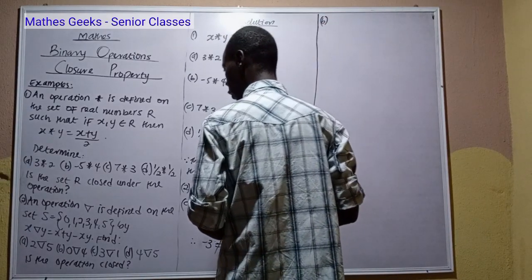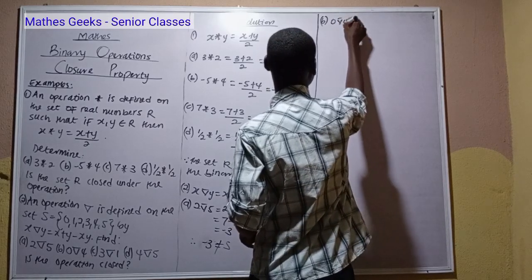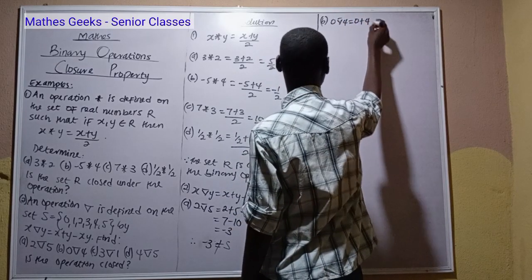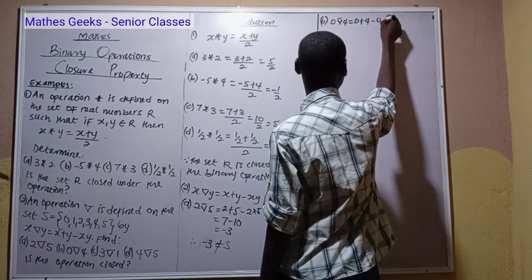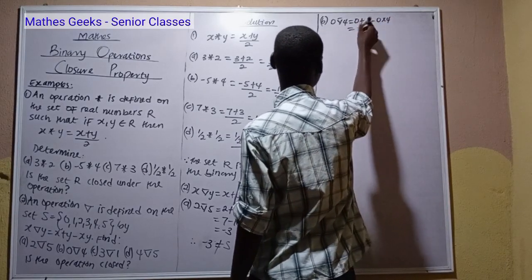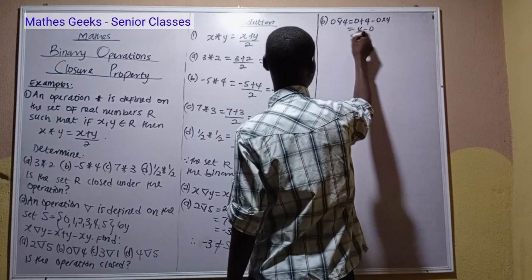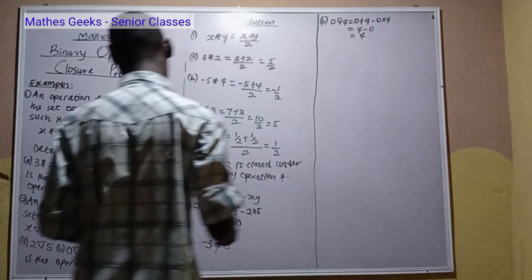B says 0 operation 4. That's 0 plus 4 minus 0 times 4. 0 plus 4 is 4, and 0 times 4 is 0. And 4 minus 0 is 4. Is 4 a member of the set S?